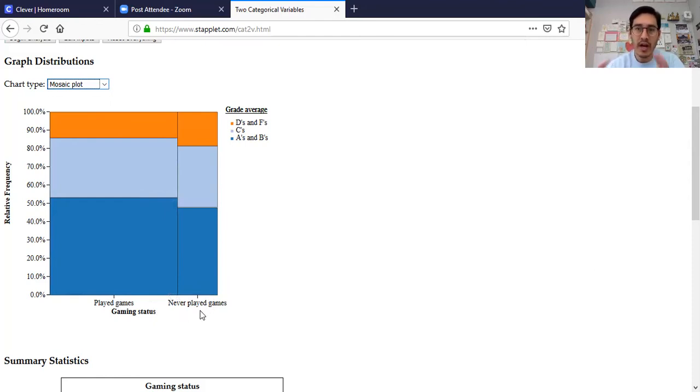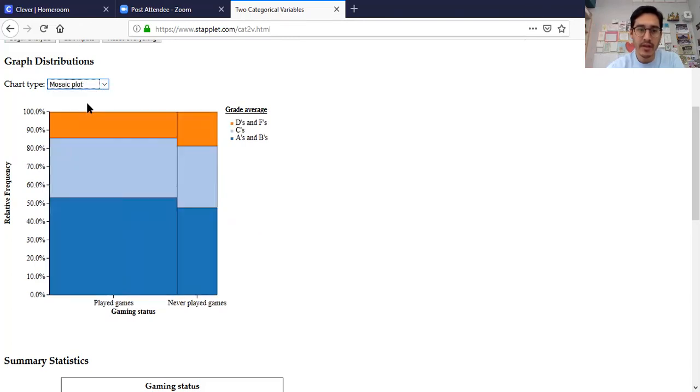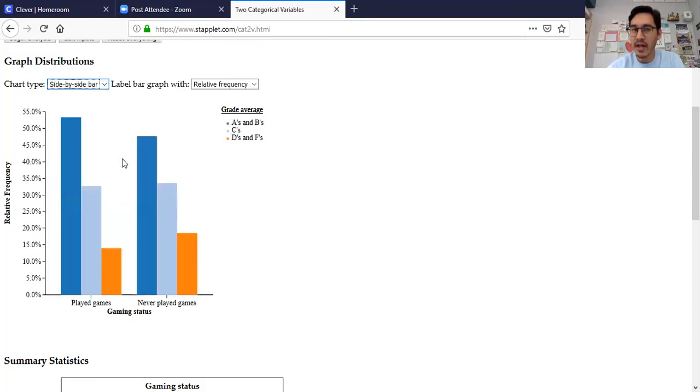So to represent the fact that the subgroup sizes are different, we widen the bars of the bigger group. Okay, but the heights of the colored segments are the same, right? If I switch back, you can see that the green and orange segments are the same height in the segmented and in the mosaic. The other option is to make a side-by-side bar graph.